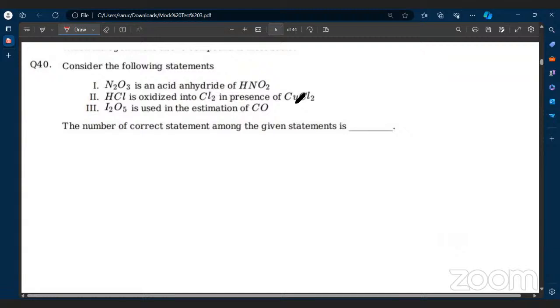Okay, I got 1. Okay, so we'll analyze it. N2O3 is an acid anhydride of HNO2. So we know, what is an acid anhydride? What is an anhydride?